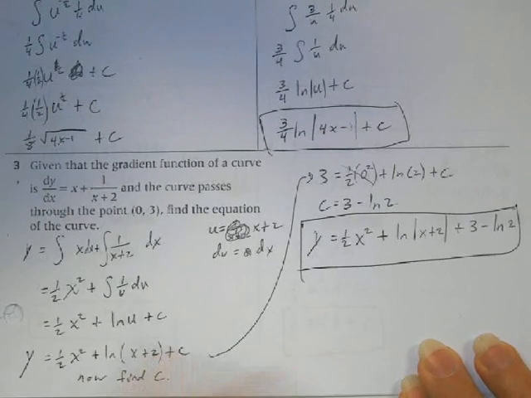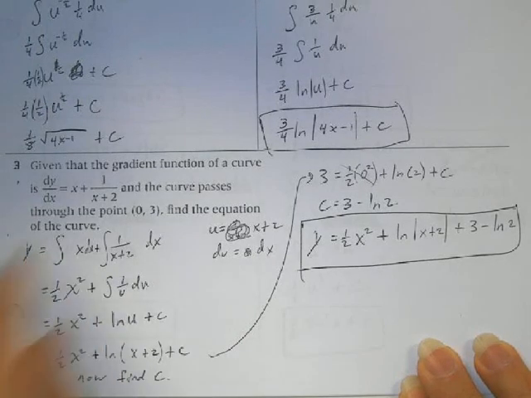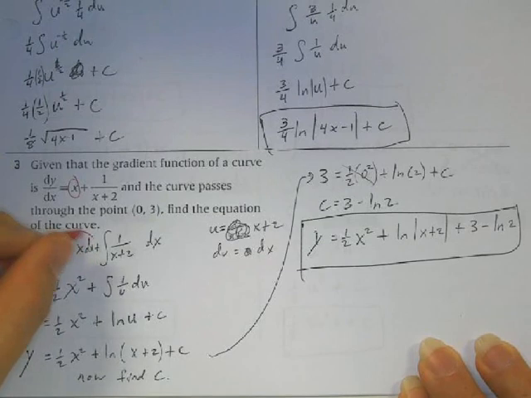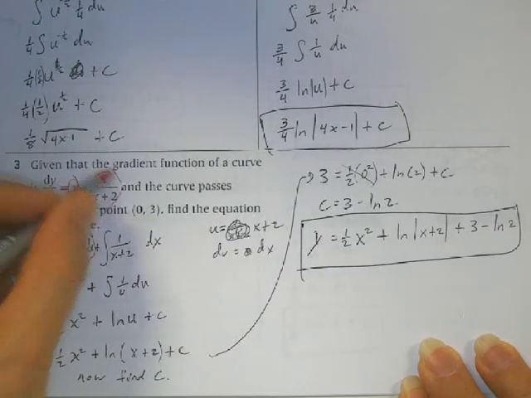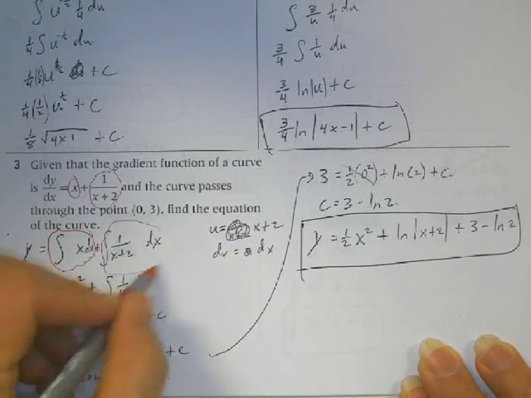Okay, so I've got two things I'm taking the antiderivative of. I've got the antiderivative of x and the antiderivative of 1 over x squared. Okay.